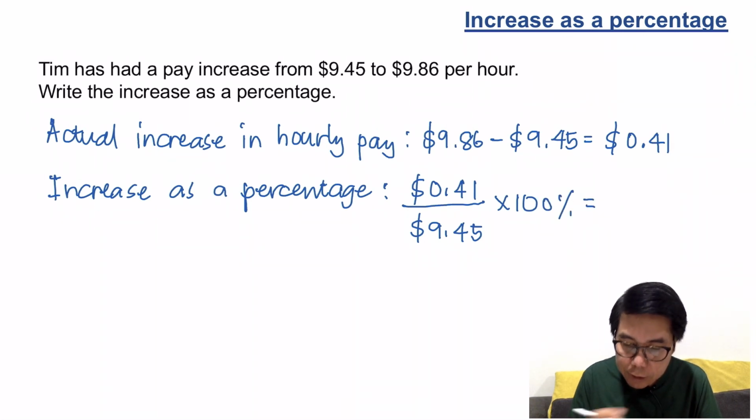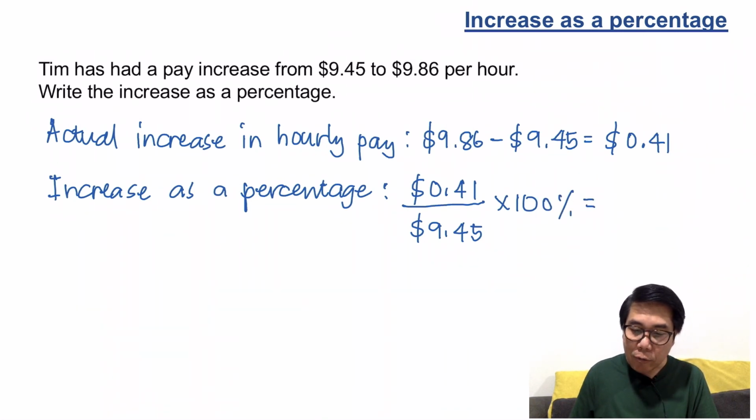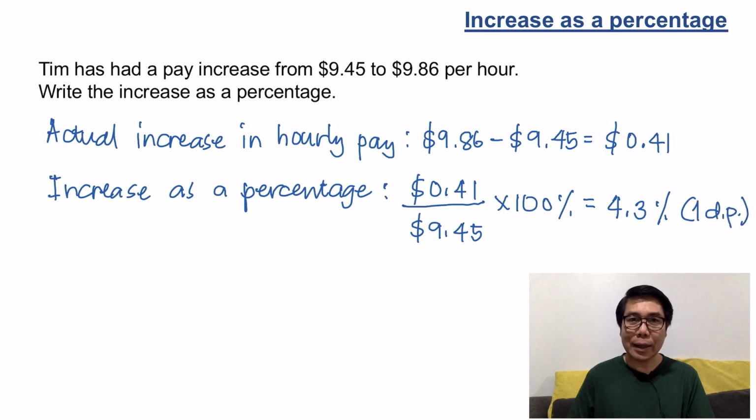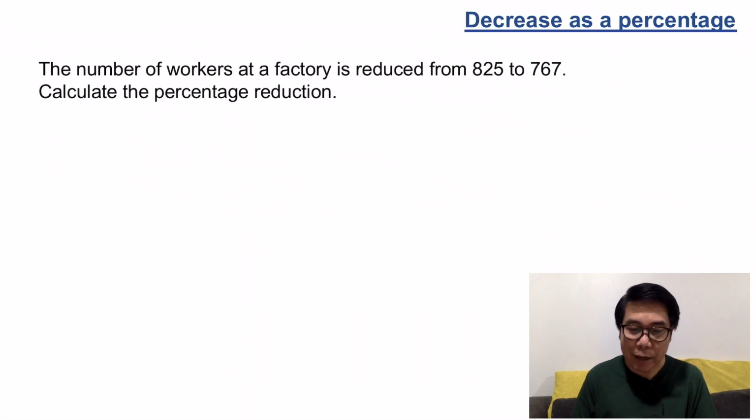In your calculator, 0.41 divided by 9.45 times 100 gives us 4.3%. This again is in one decimal place. So we have increase as a percentage. Let's find out the next one.